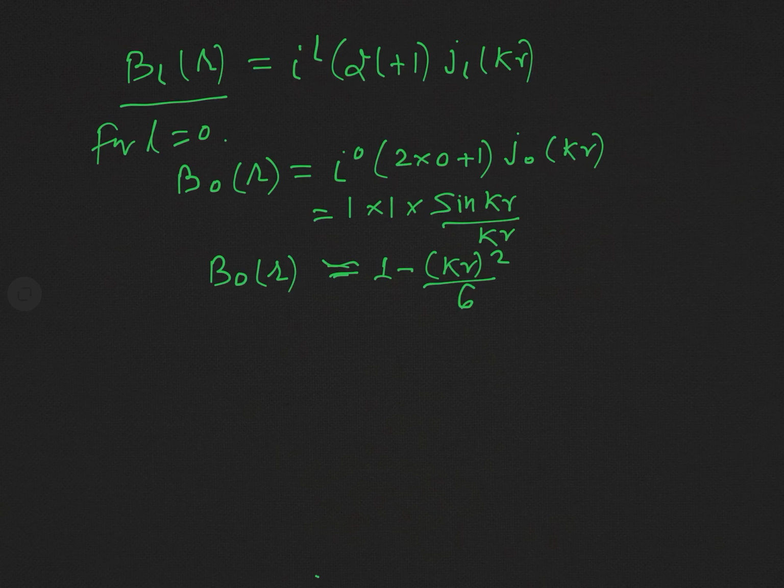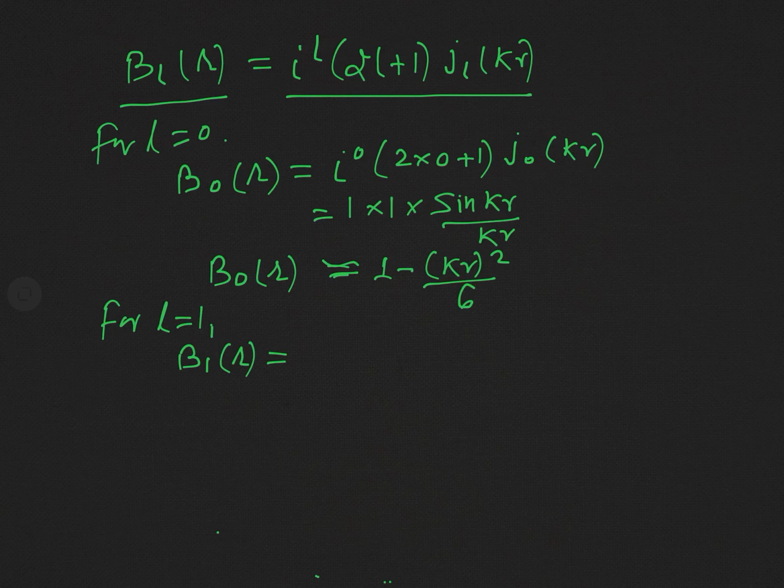Now we will find the value of this radial wave function when L is equal to 1. So you can calculate it for L equal to 1. We will write this as B1 of R. And what will this be?